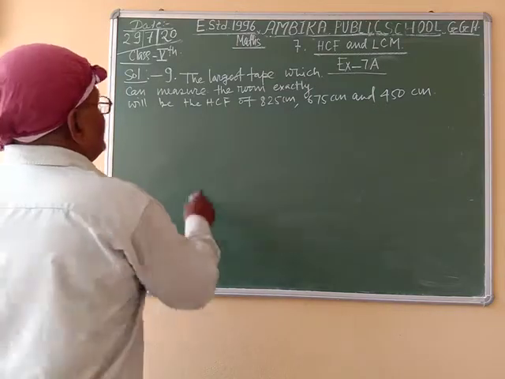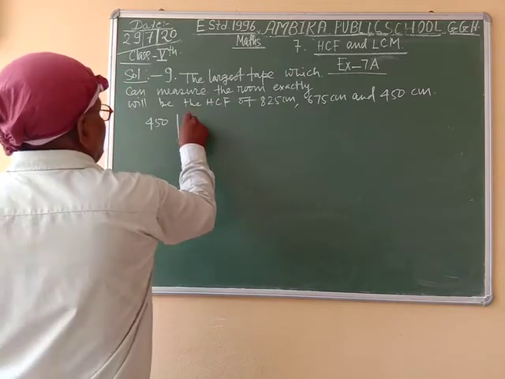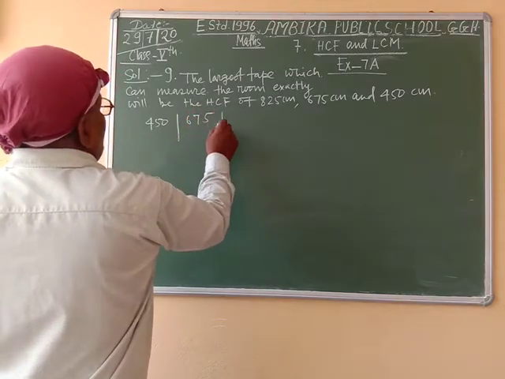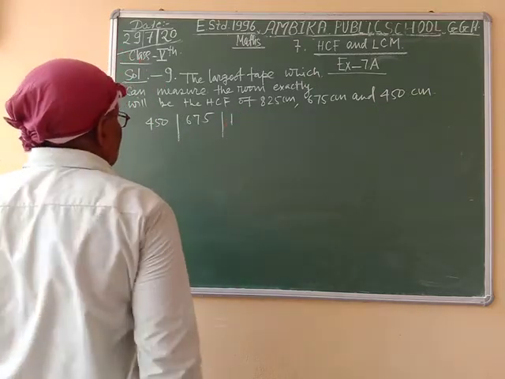By division method, 450 and 675. 450 goes one time in 675.